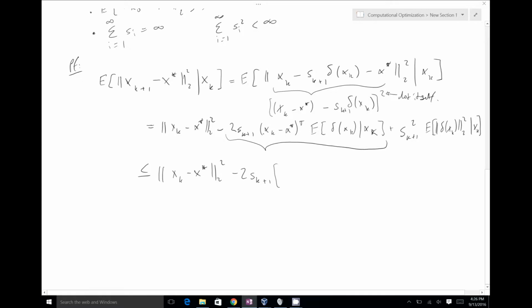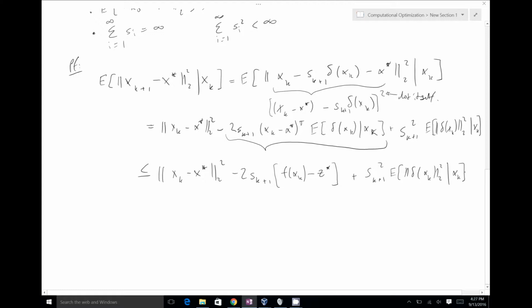But instead of this dot product, what I'm going to write is f of xk minus z star. And then I'm going to copy that last term, sk plus 1 squared, an expectation norm given xk.